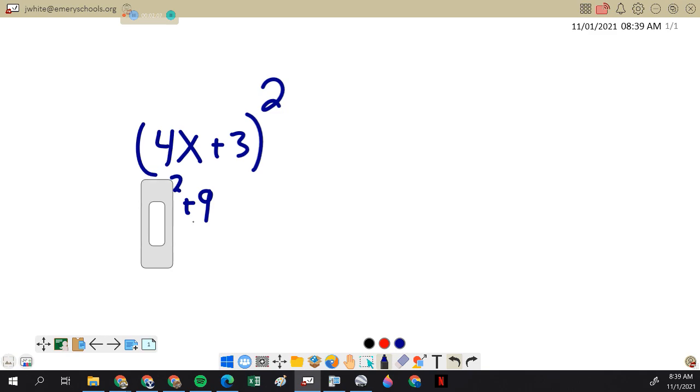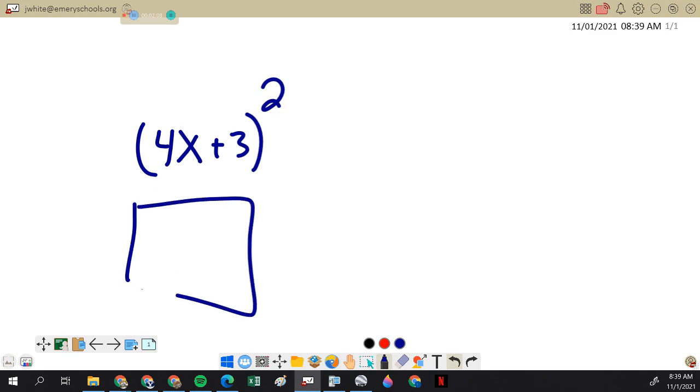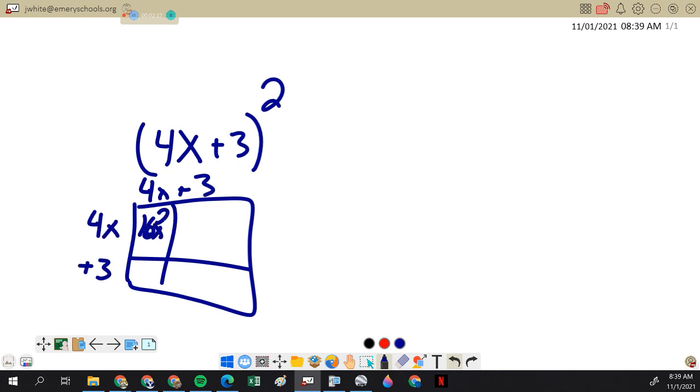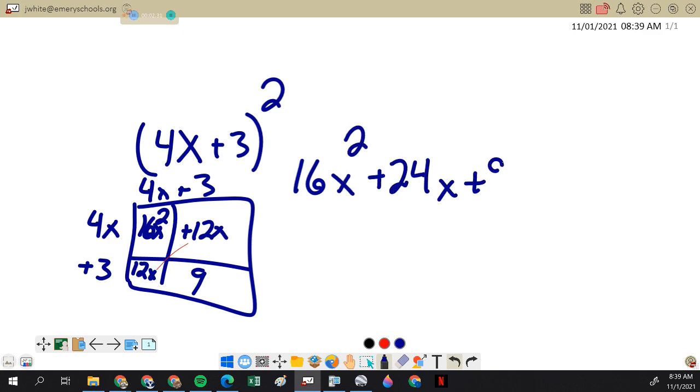So you do need to draw the box and put a 4x plus 3 on the top and on the side. And that gives me 16x squared plus 12x, and 9. And the middle two go together, which gives a total of 16x squared plus 24x plus 9.